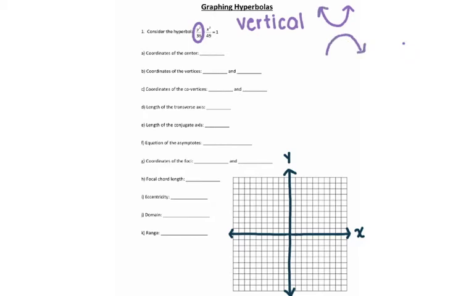All right, so in order for us to get that graph, though, we have a lot of work to do. First, we need to get our A, B, and C. So with a hyperbola, the first denominator, in other words, the denominator of the positive term, is always your A squared. So A squared is going to come first. So in this case, we have A squared equals 36, which means A is 6.